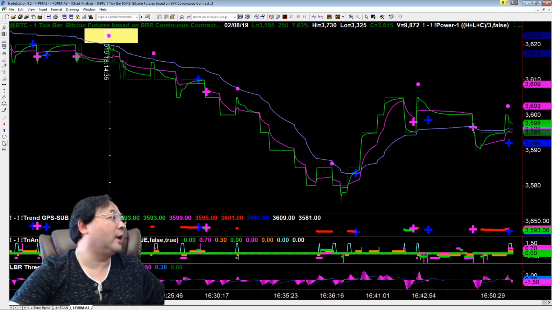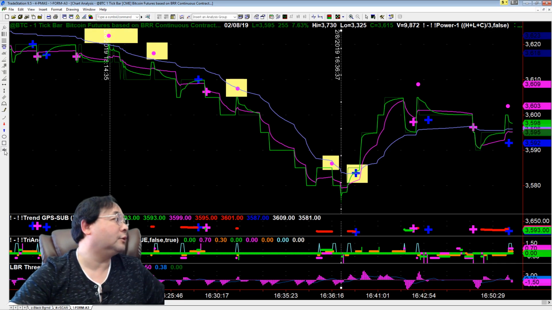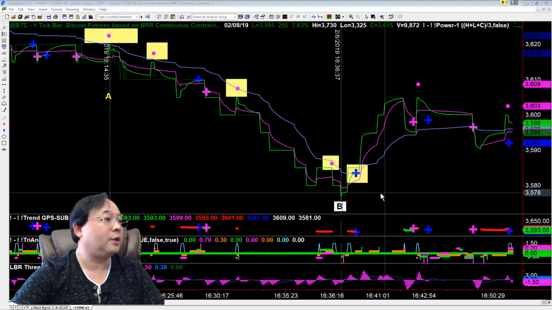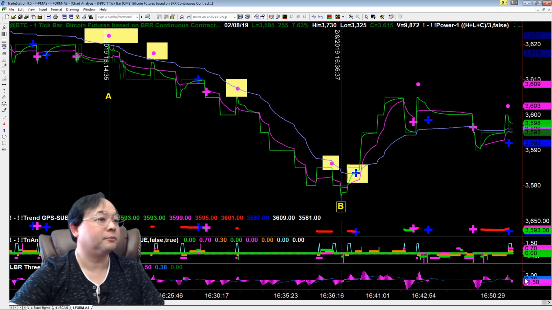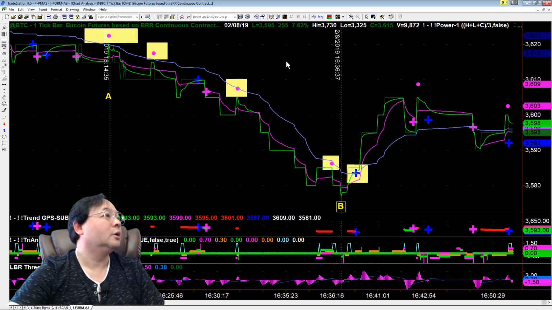And followed by, this is tick by tick, 1, 2, 3. And then a blue cross occurs here. So say you got in from here, this is point A, and you got out at point B right here. Okay, this is tick by tick now.